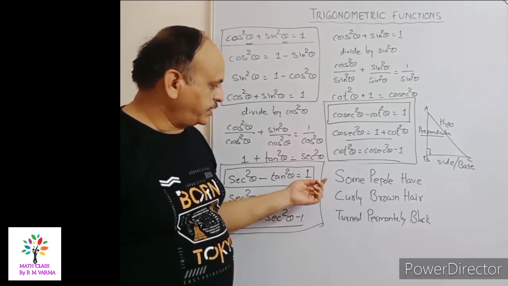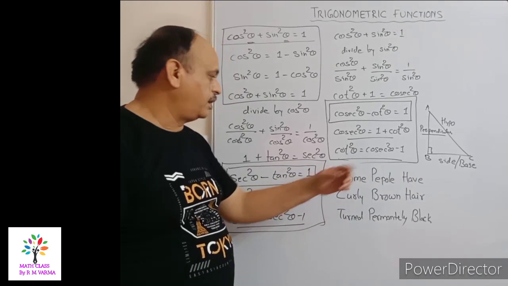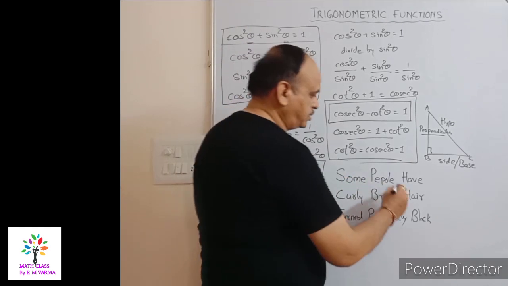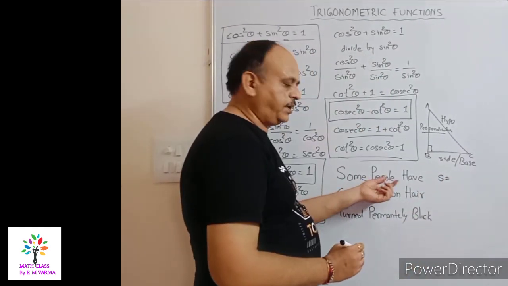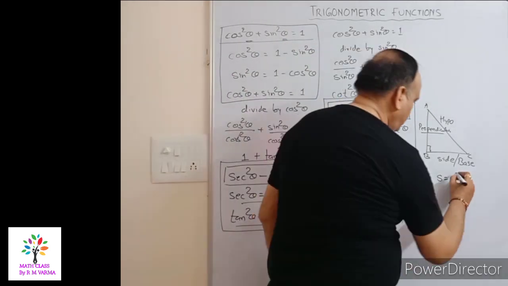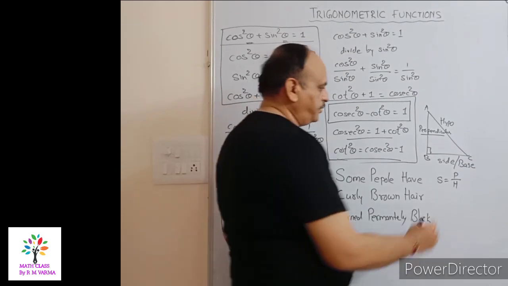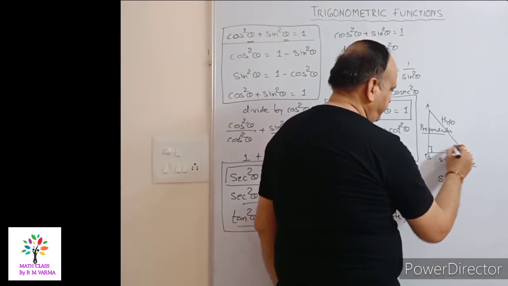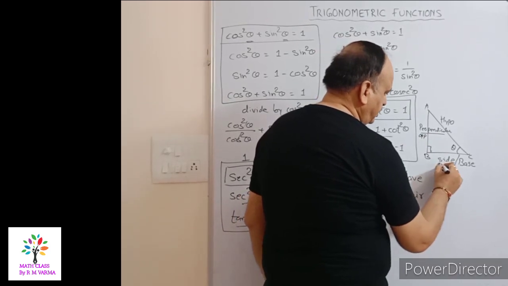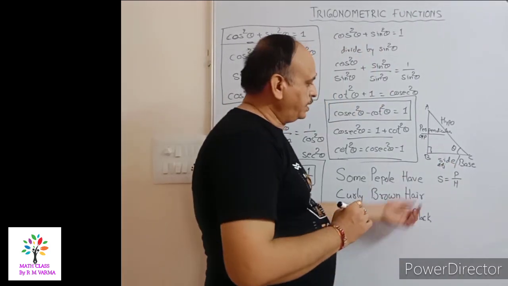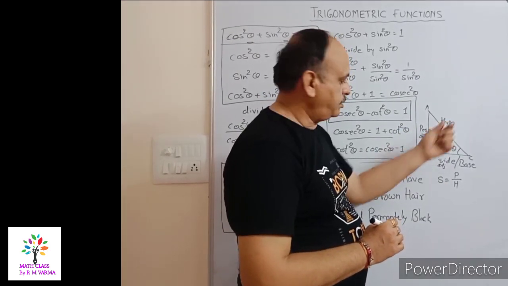Now, just see. First one gives us sine theta, the ratio of sine. How? S equals to. So, from this I write S equals to P upon H. P upon H. Right? If this is my theta, opposite, as you remember, opposite. This is adjacent. P means perpendicular, H means hypotenuse. Right?